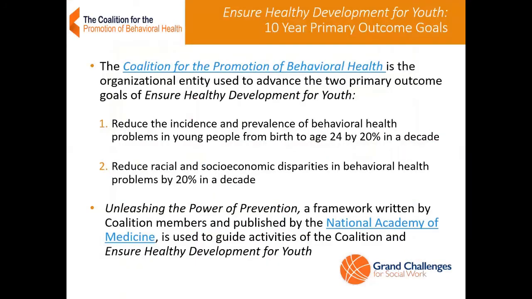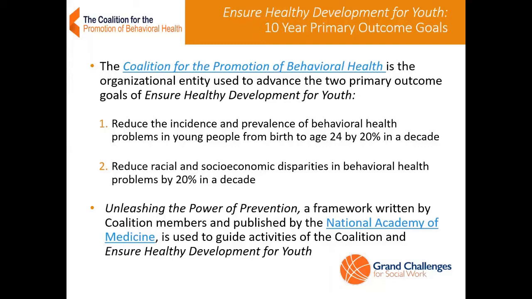So the Ensure Healthy Development for Youth Grand Challenge has had really two 10-year primary outcome goals. And we created the Coalition for the Promotion of Behavioral Health as the organizational entity to advance these two primary outcomes.